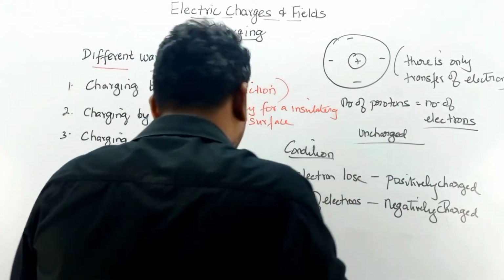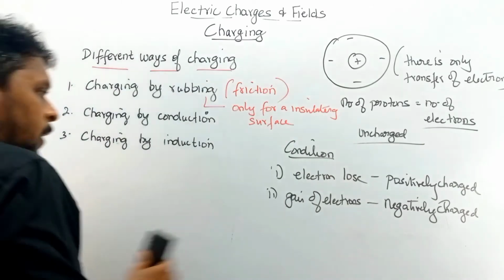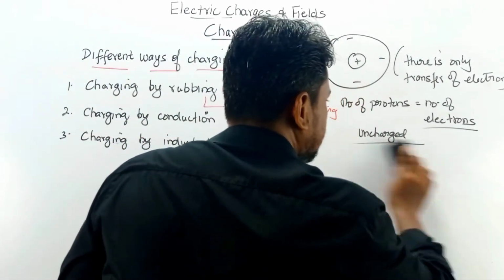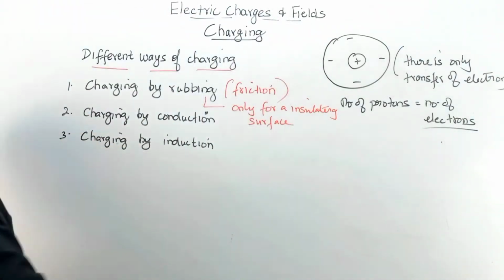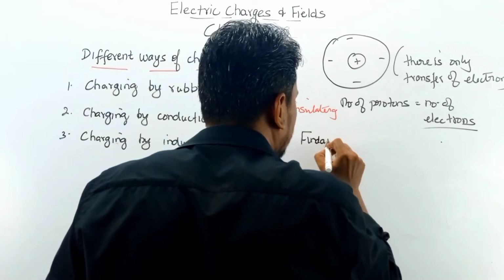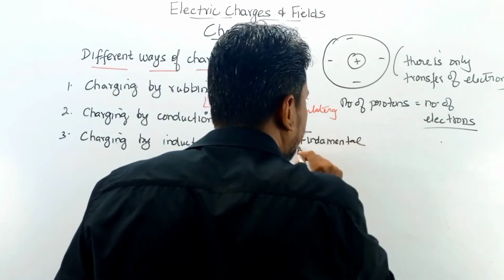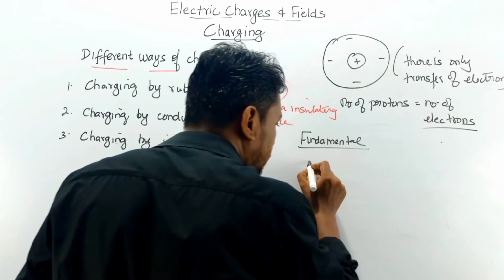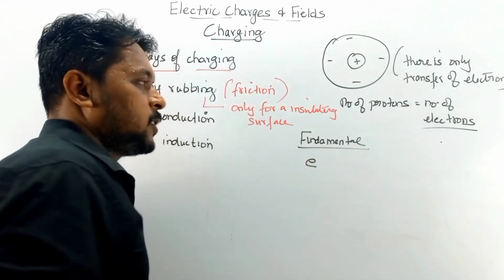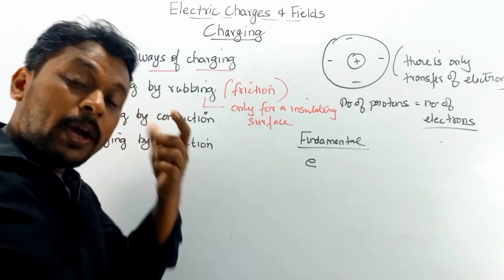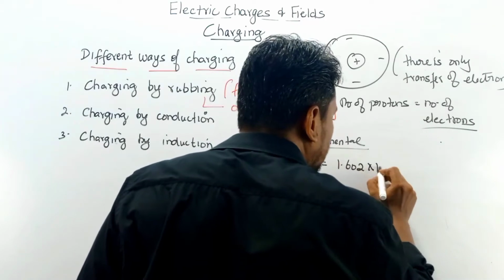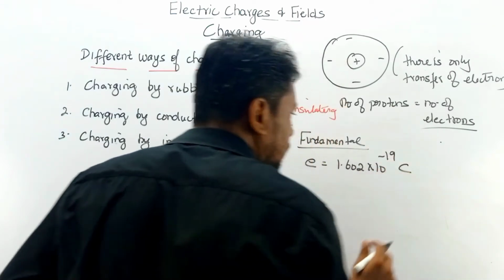Now, how will you specify a charge? Fundamentally, a charge is represented by e. It is one unit charge value, and the value is 1.602 × 10^-19 C. What is C?